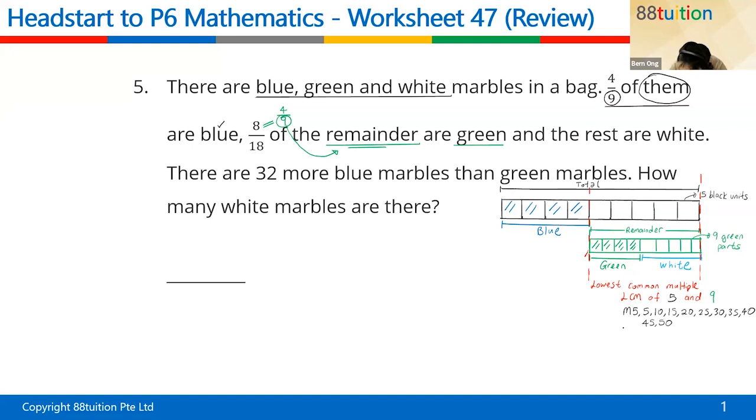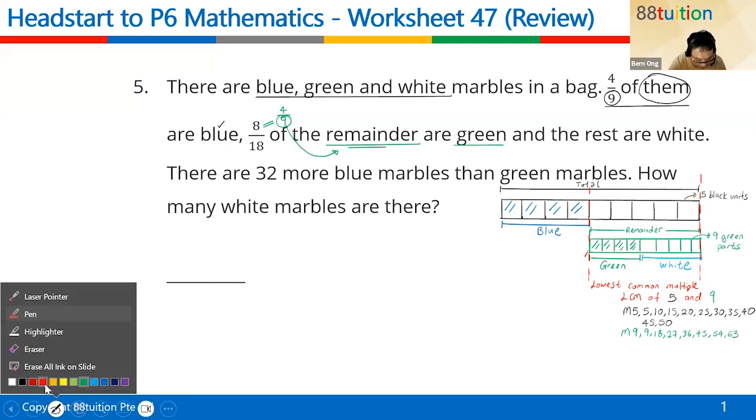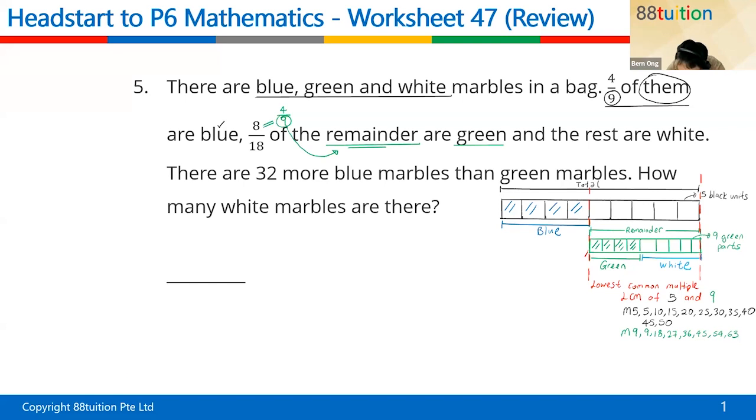Then you find the multiples of 9. 9, 18, 27, 36, 45, 54. Okay, just stop. Then you look for the common multiple, which is what? Just 45 lah. Okay, 45.